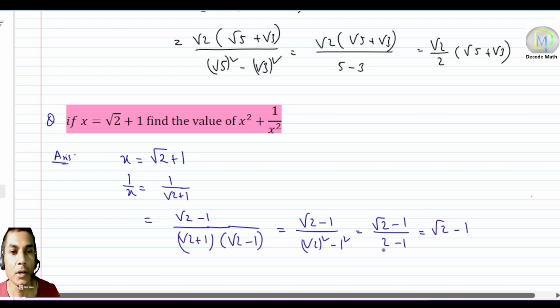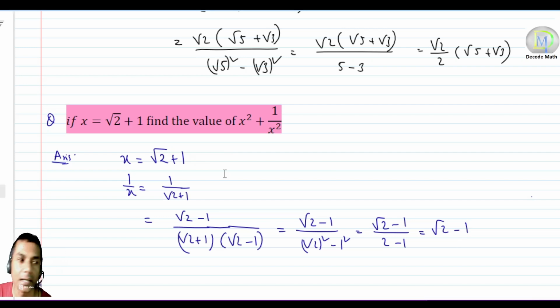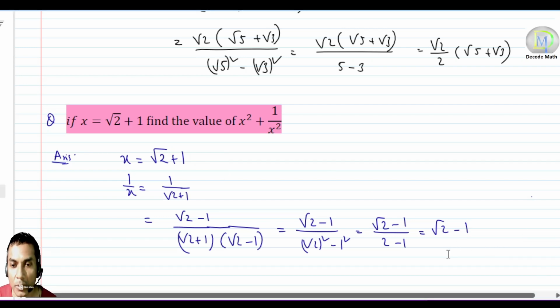Already I told you, if we multiply any binomial irrational number with its conjugate, we get from an irrational number to a rational number. So the denominator we get 1, that is a rational number.